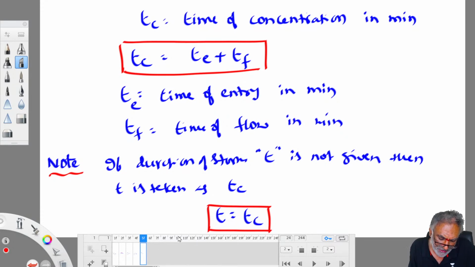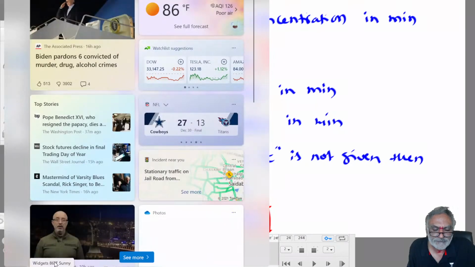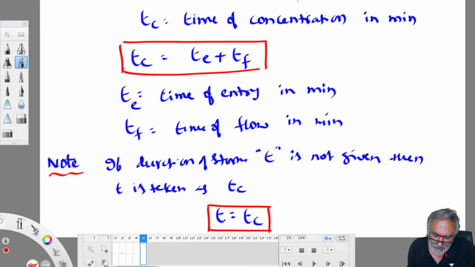Okay, minimum condition we take. So whenever T is not given, we comfortably take T equal to time of concentration, which is also taken as duration of storm. When storm duration is greater than or equal to time of concentration, then only it produces maximum discharge. So we get the maximum value of Q, the wet weather flow.